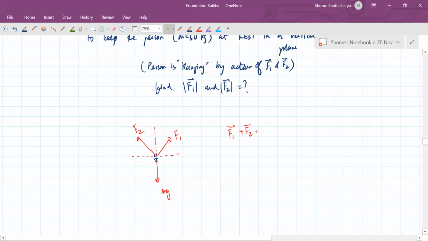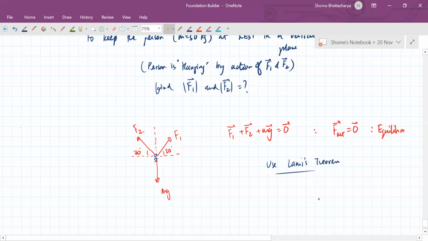F1 plus F2 plus mg, they should be 0 because the net force is 0 because it's in equilibrium. Okay. So now you know these angles are 30 degrees. So you have two options. One is what we just learned in the last lecture. You can use Lami's theorem.